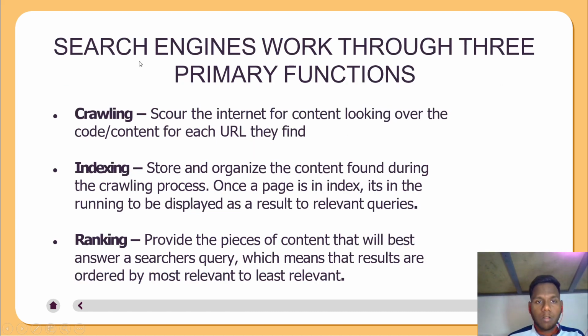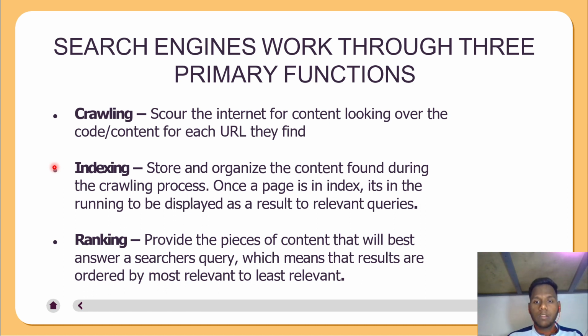Now coming to the topic, search engines work through three primary functions. The first one is crawling, the second one is indexing, and the third one is ranking. For crawling, they scour the internet, looking over the code and content for each URL they find. Indexing stores and organizes the content found during the crawling process.